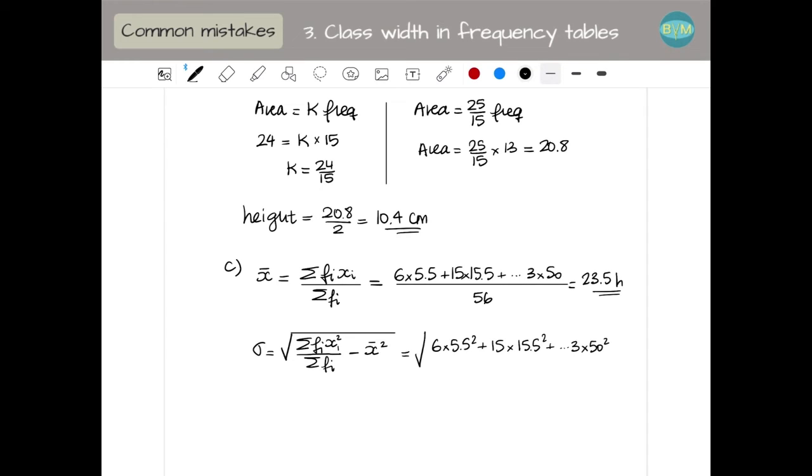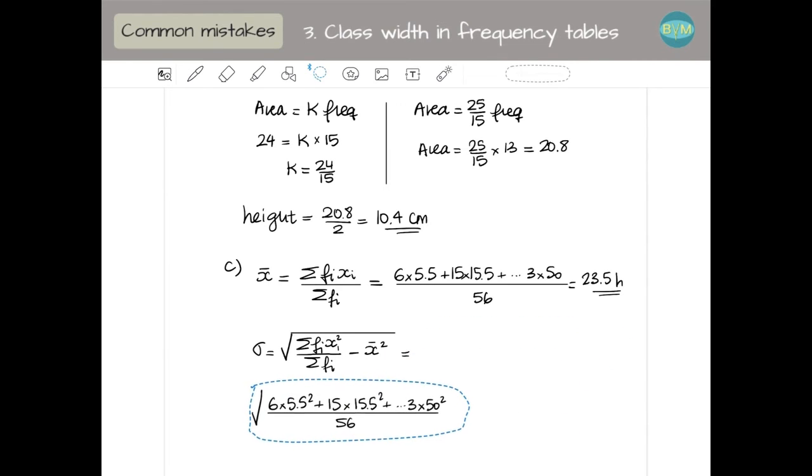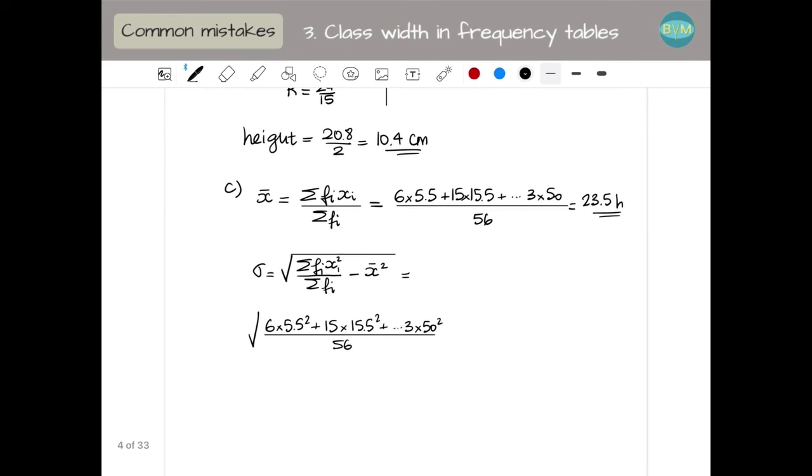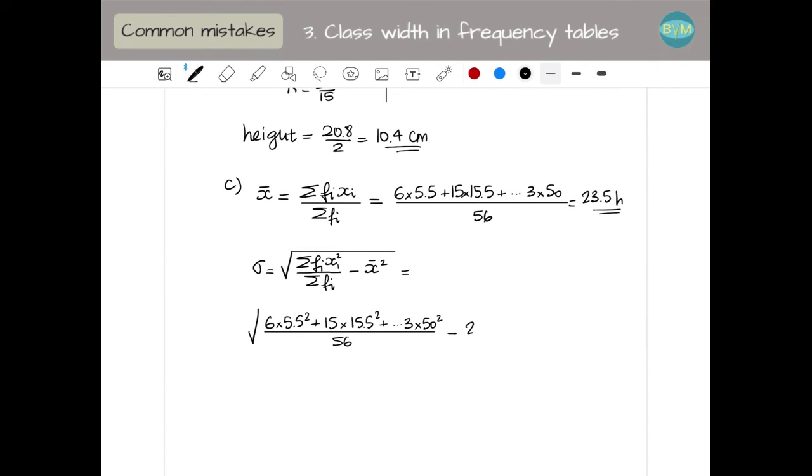So you are squaring the values but not the frequencies, and all divided by 56, and I don't have space, so I'm going to move it down here. All minus the mean that I just found, so 23.5 squared. You put that in the calculator, you find the square root, and then you have your standard deviation, which is 10.7.